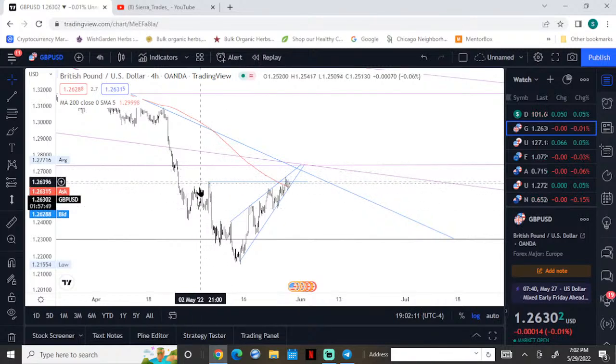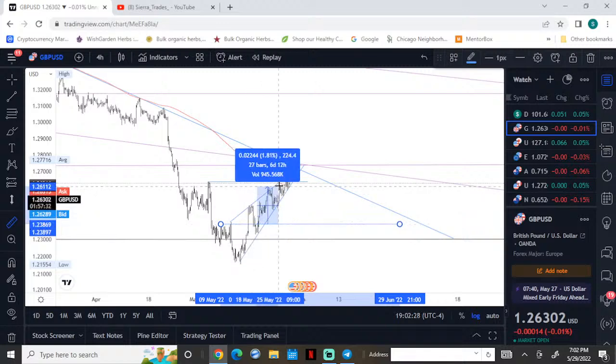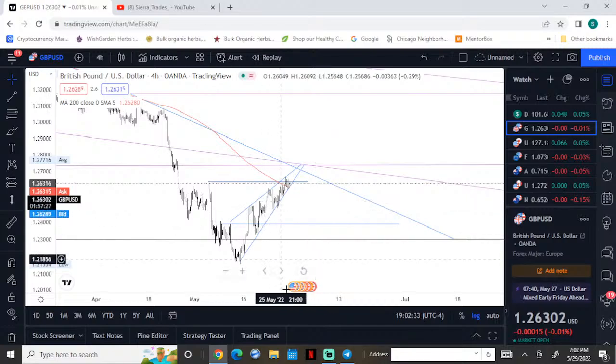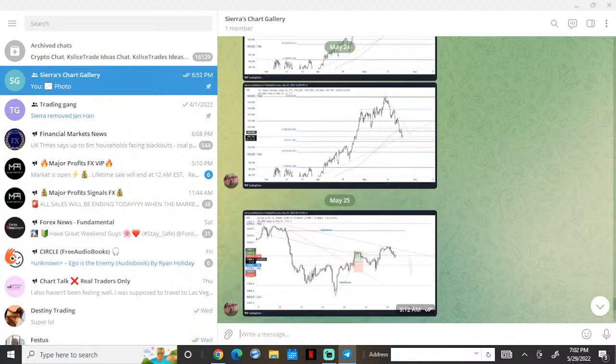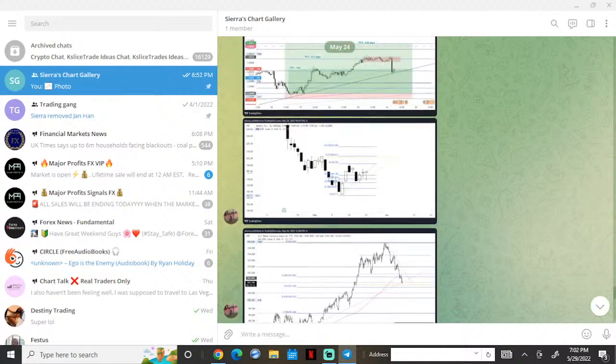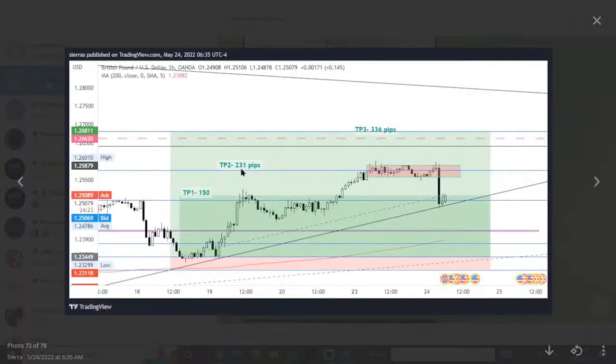If we are going to break structure, I want to see a break and retest of this area. Price already broke this area. And it came down and retested. Came up for 249 pips, which I did catch 200 of those. Where's my GU? Right here. TP2 perfectly.